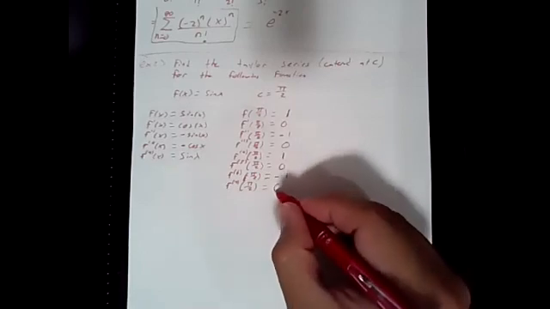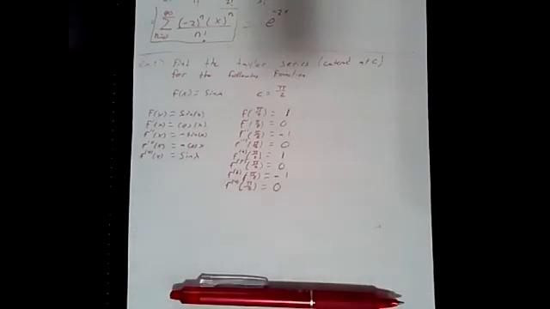I'm only doing this so you can see the pattern, not because it's necessary. What do you notice about the pattern? It starts off positive, then goes negative, then positive, and then negative again. It's just 1, 0, 1, 0, 1, 0, 1, 0.